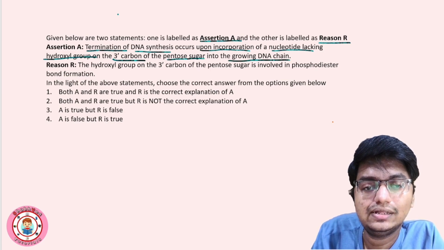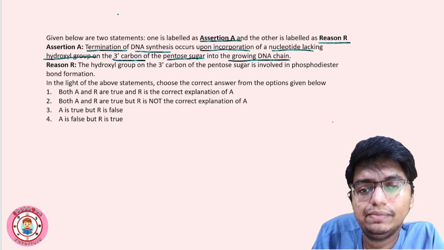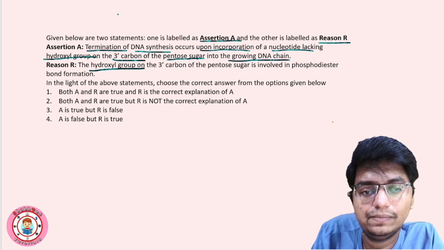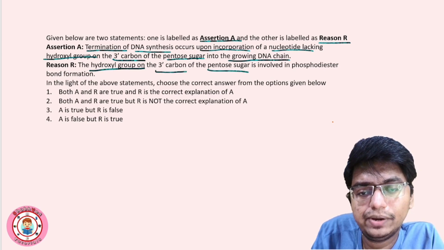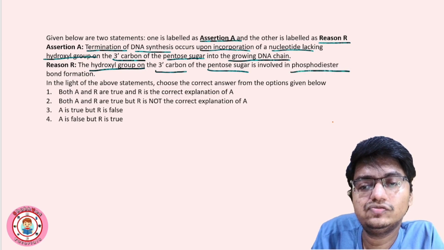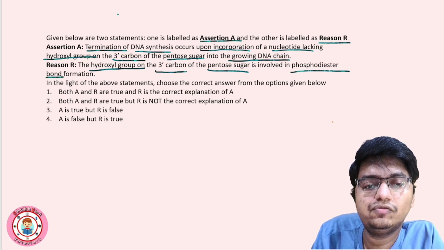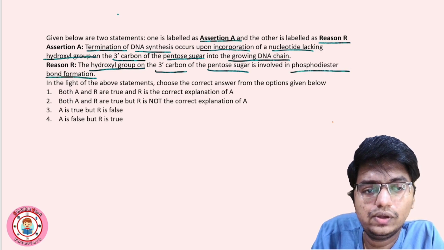Meaning the OH group should not be there to terminate, right? Reason: the hydroxyl group on the 3' carbon of the pentose sugar is involved in phosphodiester bond formation. So yes, both are correct, right?